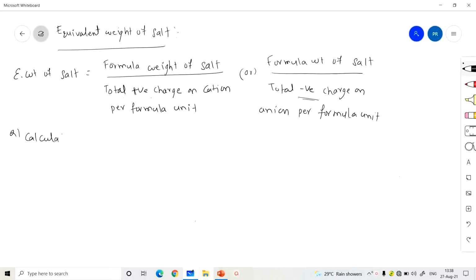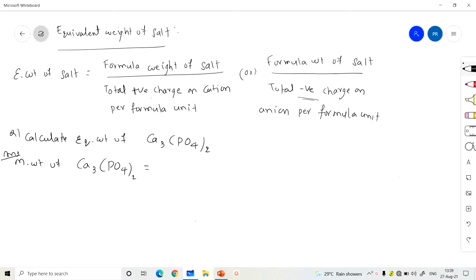Calculate equivalent weight of calcium phosphate, that is Ca3(PO4)2. Okay, now first, molecular weight of calcium phosphate, Ca3(PO4)2.